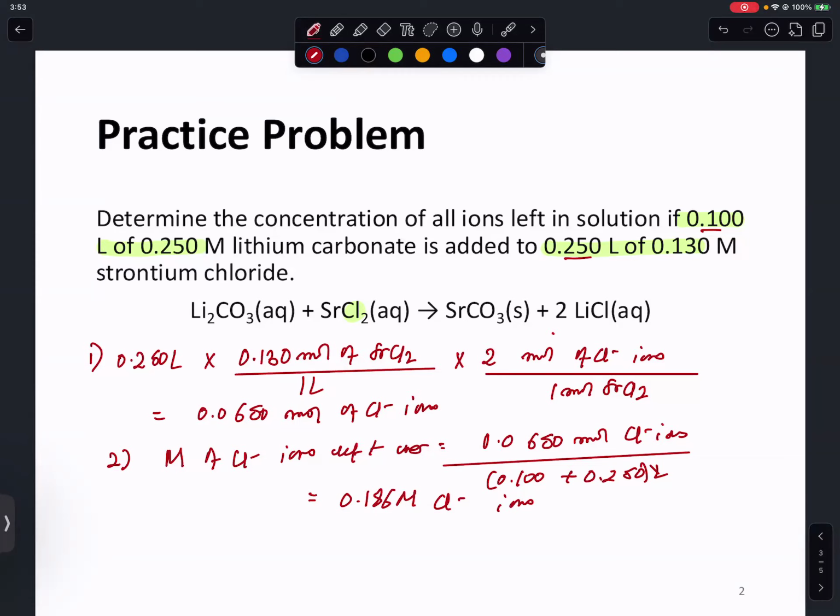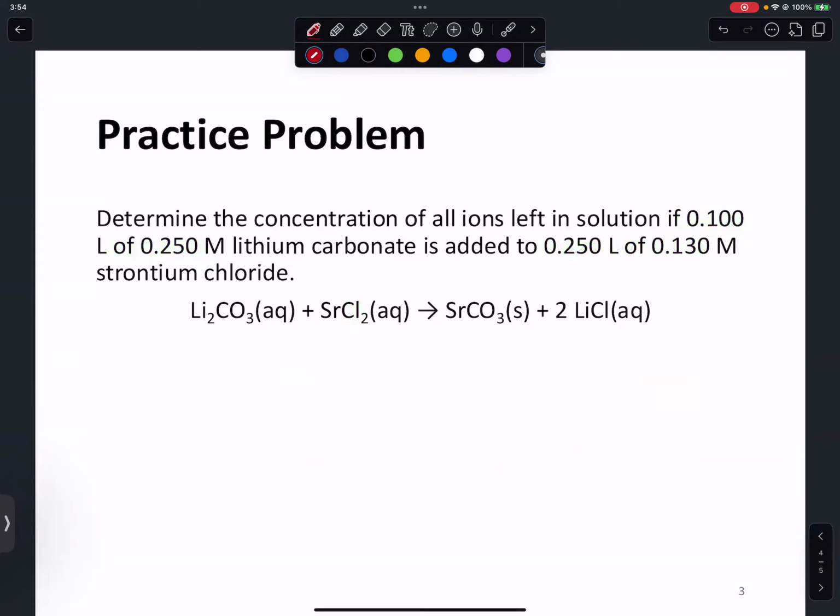So we need to ask ourselves, what should we do to determine the limiting and the excess? I chose to calculate the moles of strontium carbonate produced from lithium carbonate and strontium chloride, and whatever is left over, or in excess, we can base our calculations on.